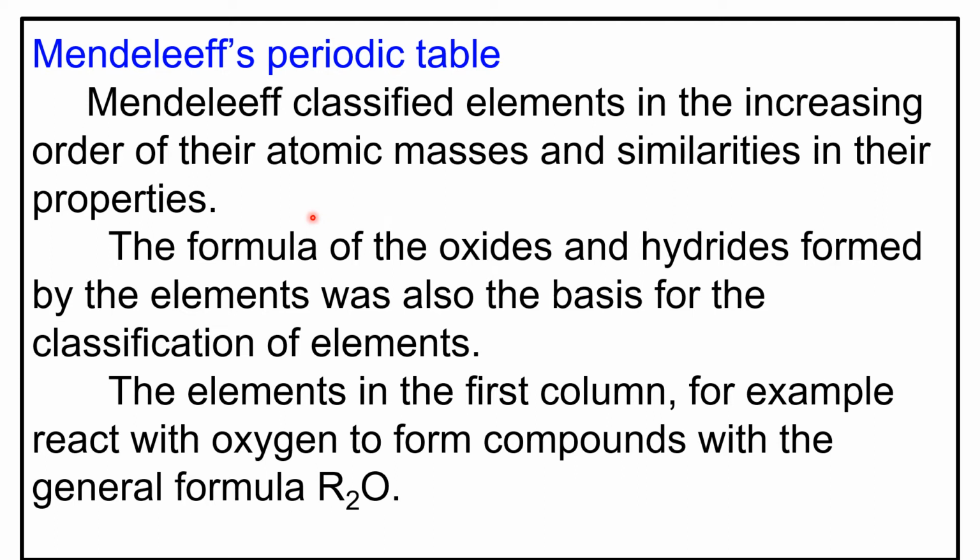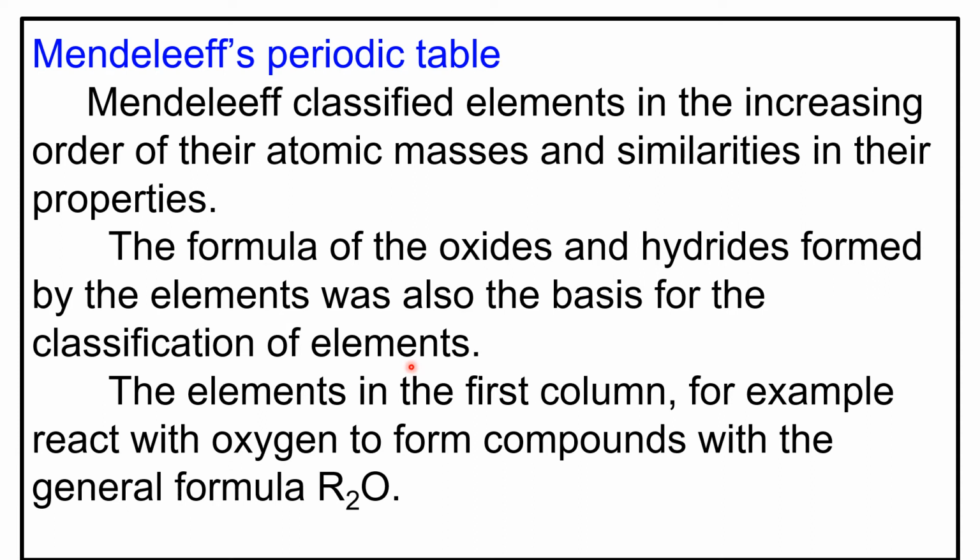So here what similarities he has taken is, he has taken into account the chemical properties of compounds like oxides and hydrides. The formula of the oxides and hydrides formed by the elements was also the basis for his classification.